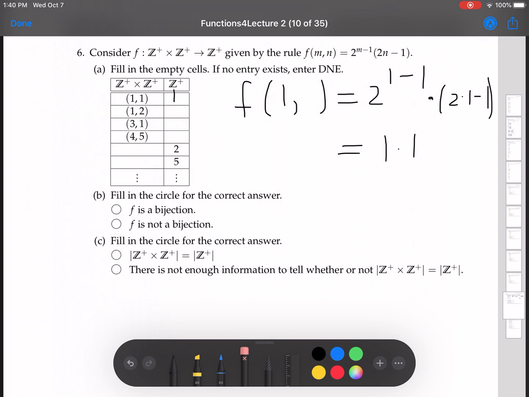Now (1, 2): 2 to the 1 minus 1, that's still 2 to the 0 or 1. 2 times 2 is 4 minus 1, that goes to 3. So we have a 3 there.